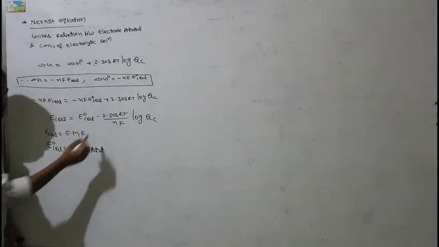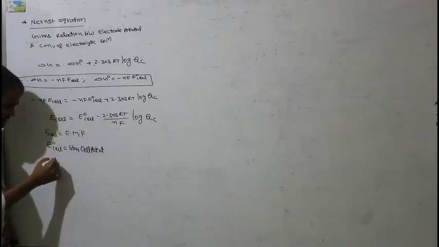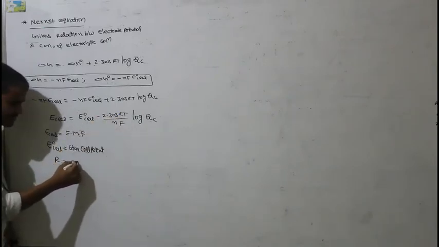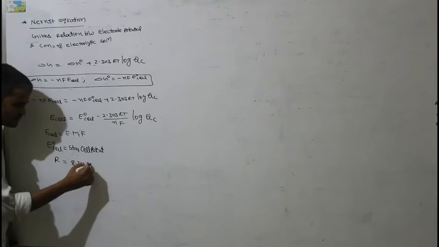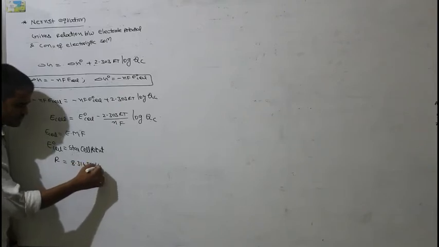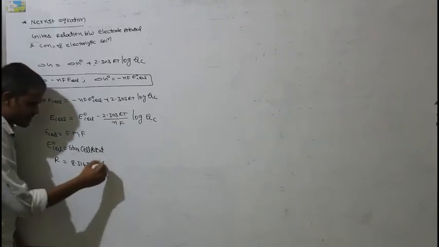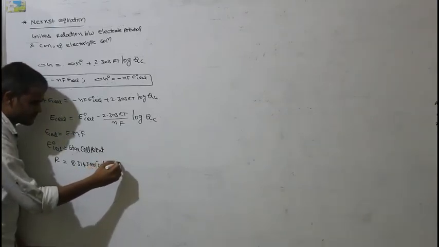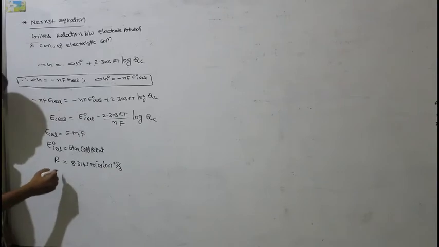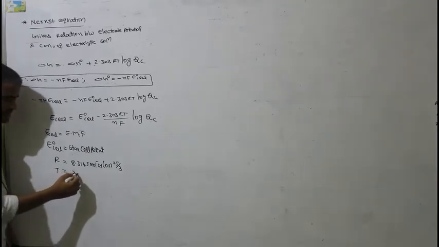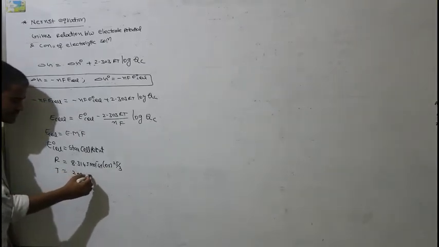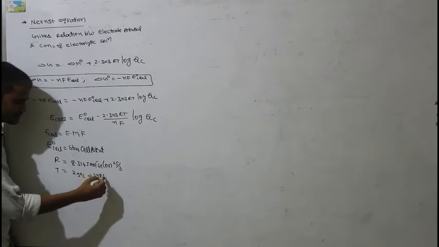Next, 2.303 is a constant. R is the gas constant, that is 8.314 joule per mole per Kelvin. T equals temperature, that is 25 degrees Celsius, nothing but 298 Kelvin.